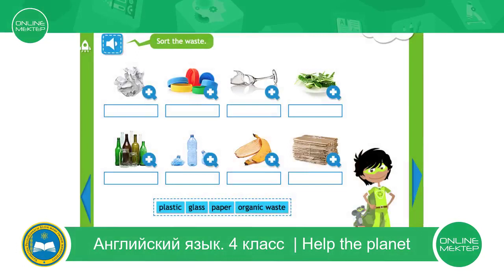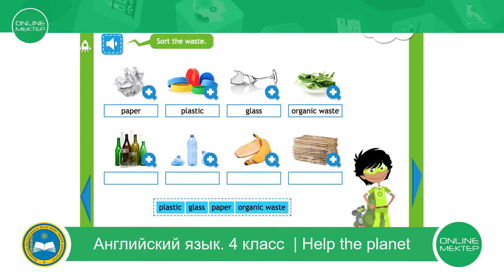Let's start the sorting. The first one is paper. The second one is plastic. What about number 3? It's glass. What about the cucumber? It's organic waste.